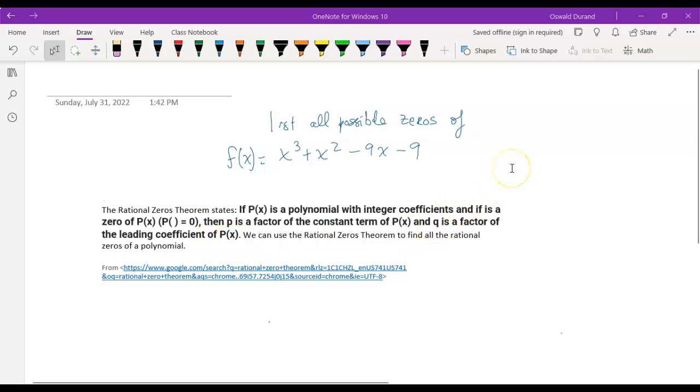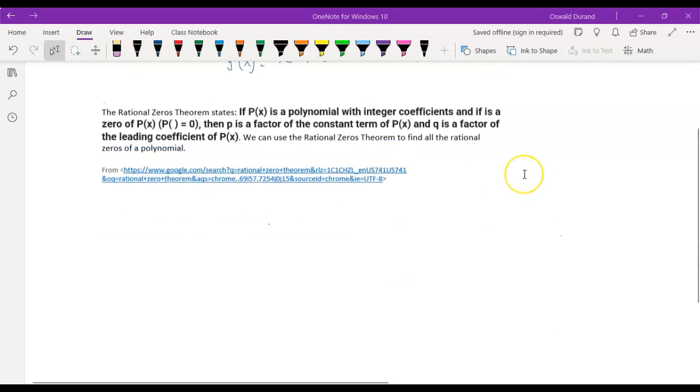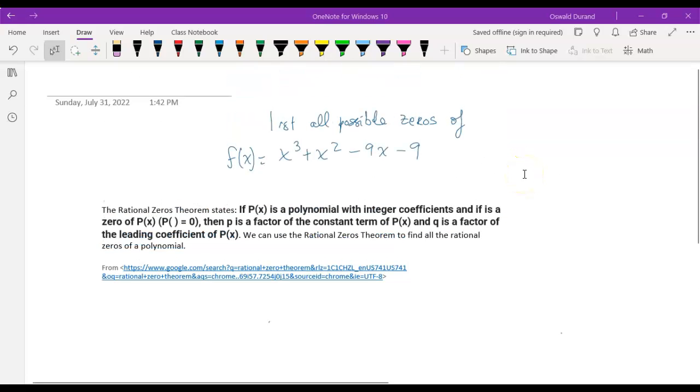What it means is that all the possible rational zeros should fall into a rational term, p over q, right?